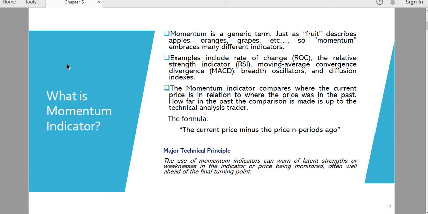The momentum indicator compares where the current price is in relation to where the price was in the past. How far in the past the comparison is made is up to the technical analysis trader. So the analyst will decide how many periods they want to compare. The formula is the current price minus the price n periods ago.